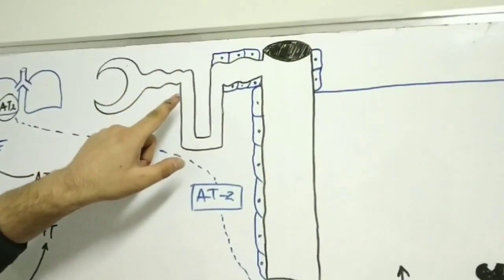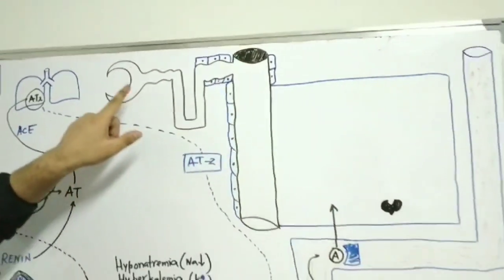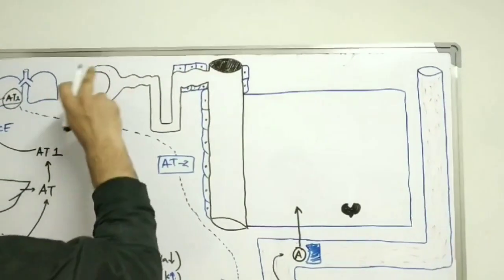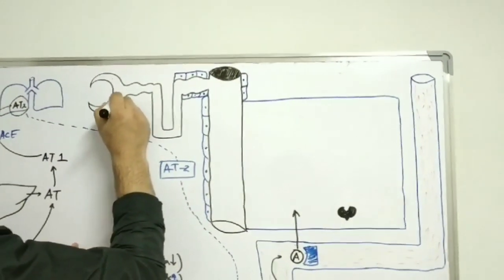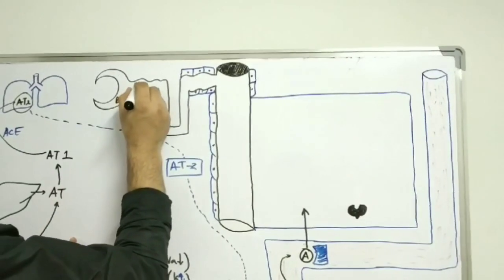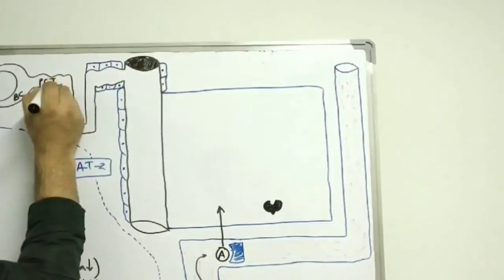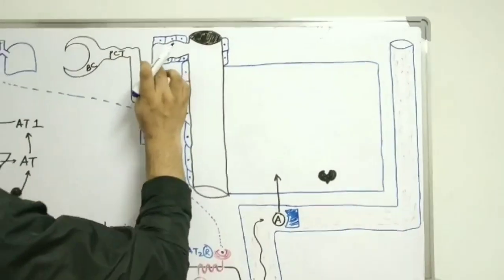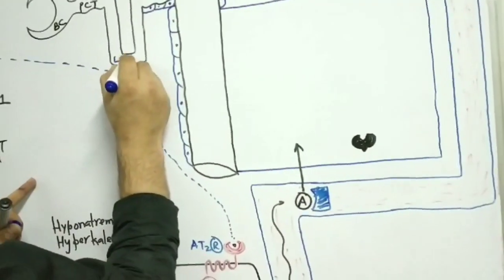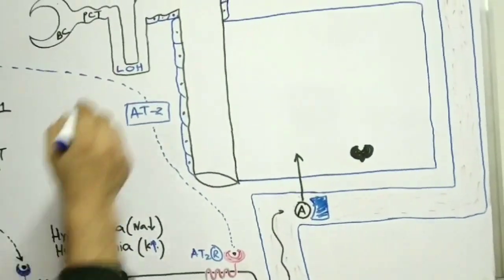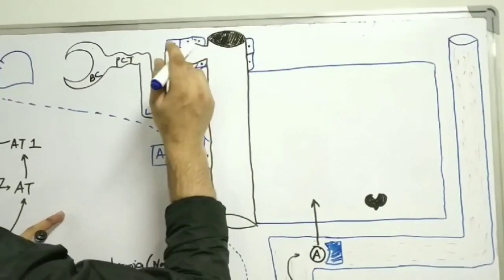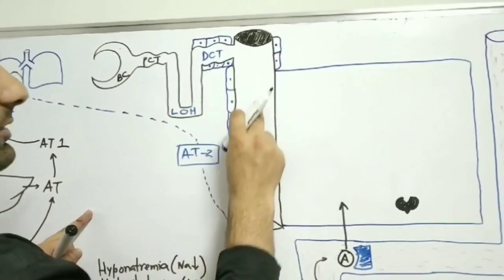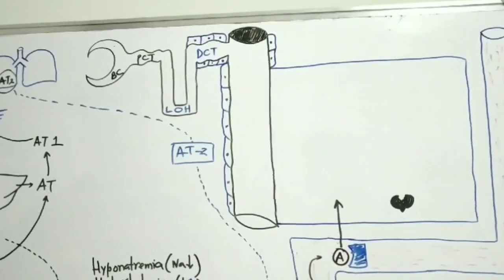Look, this is the structure of a nephron. This is the Bowman's capsule, a U-like structure. This is the PCT, proximal convoluted tubule. This is your loop of Henle. Now this portion is known as distal convoluted tubule, and this will be your collecting duct of nephron.